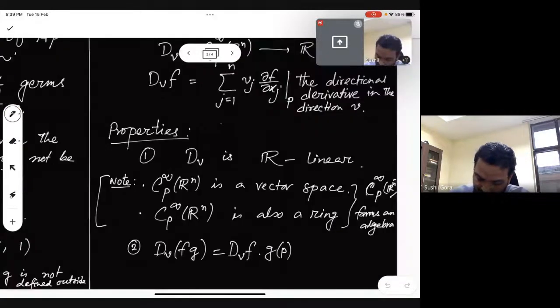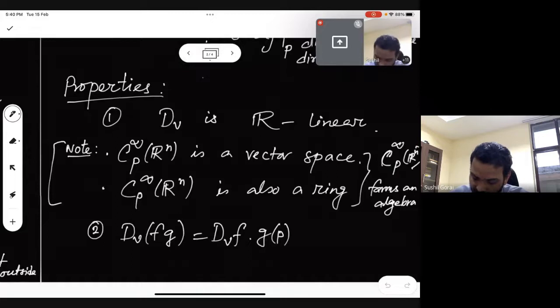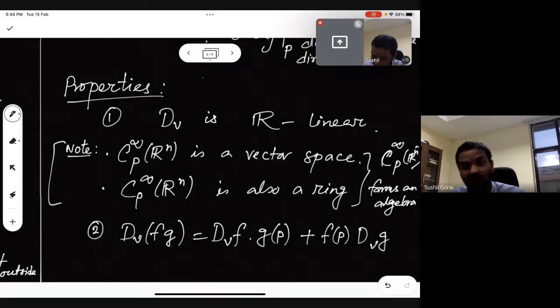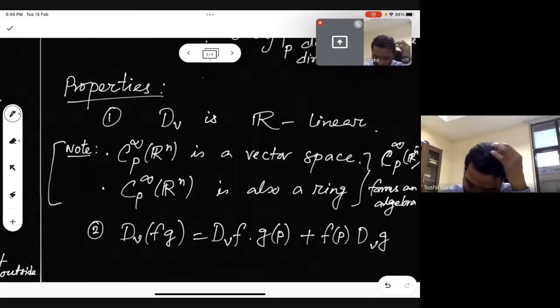So D_v of fg is D_v f times g(p) plus f(p) times D_v g, and D_v g is already evaluated at p. It gives a real number, right?